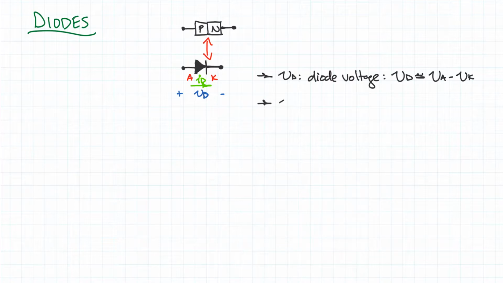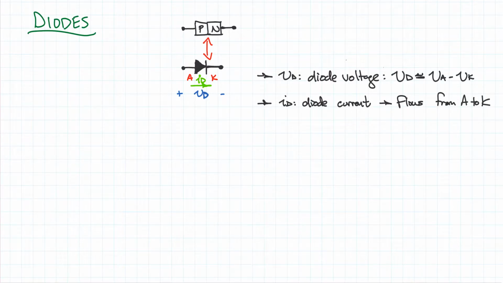And ID is the diode current, as mentioned previously. We say that this flows from A to K, so the direction of the diode current must always be from A to K. If you think about this as some sort of funnel, you can imagine pouring in electrons.